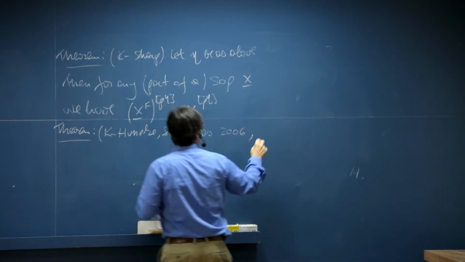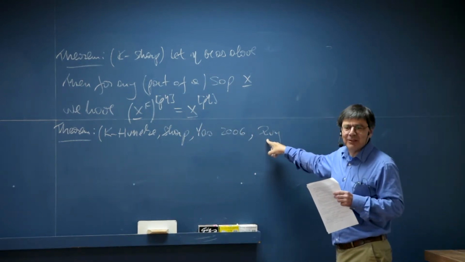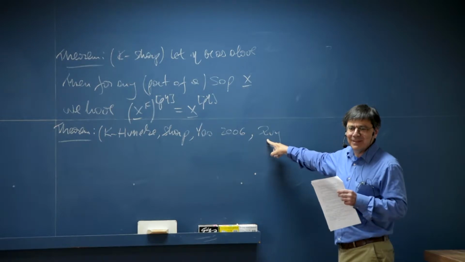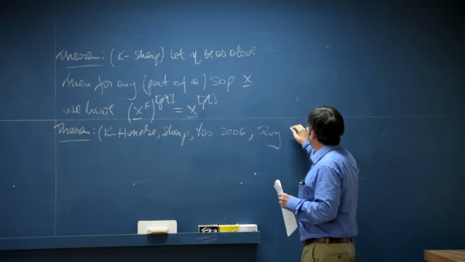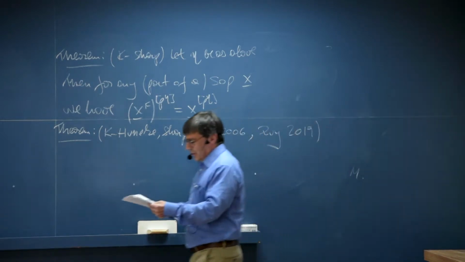And later, Kui, I'm not sure I'm pronouncing this name right. Does anyone know how to pronounce this name? Kui? Kui, okay. In 2019, very recent, you can show the following.